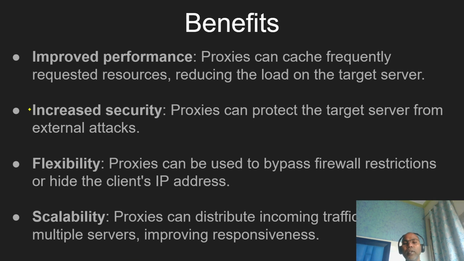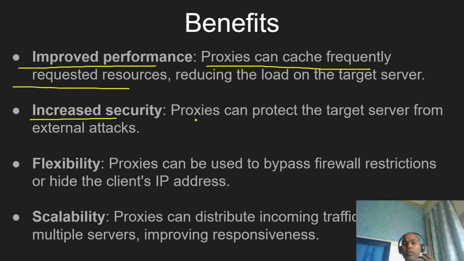And by default, we get some benefits if we decide to use a proxy. We surely improve performance, because the proxy can cache frequently requested resources and reduce the load on the server. We increase security, because the proxy can protect against requests before they reach the actual server, and we can filter particular security parameters.